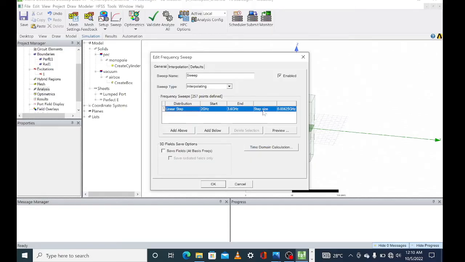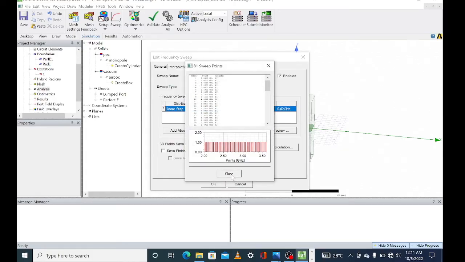Step 0.02. Preview my band to see if it is okay.